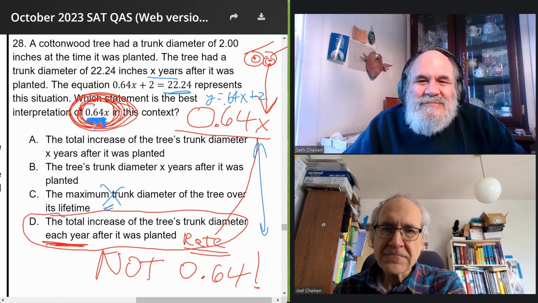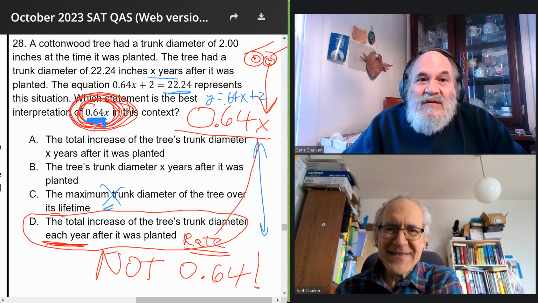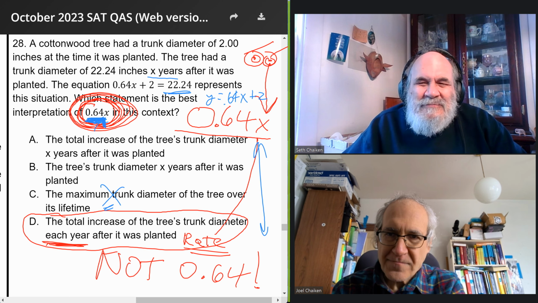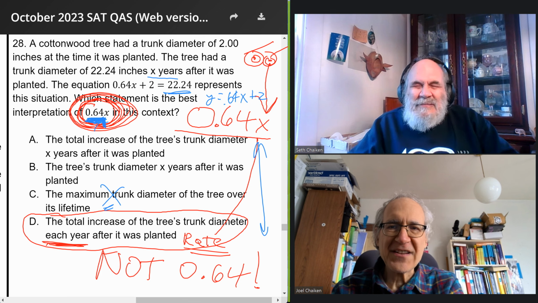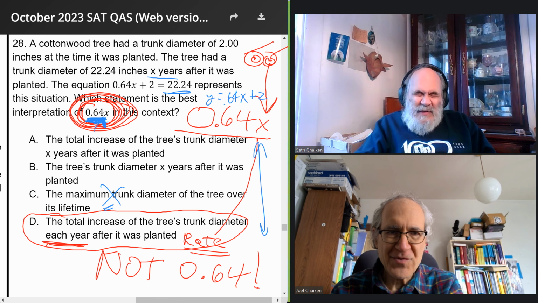No, it says the tree had a trunk diameter of 22.24 inches x years after it was planted. Right. So that's why x is not a variable. Oh, x is not a variable? No, I guess not. They're not giving you a function that tells you the tree's diameter after any choice of years. Oh, I see. In other words, just specifically the number of years that it took to grow to 22.24.